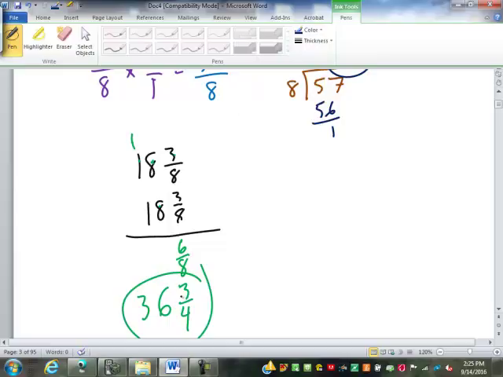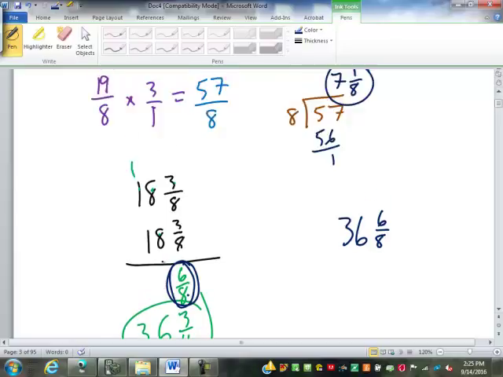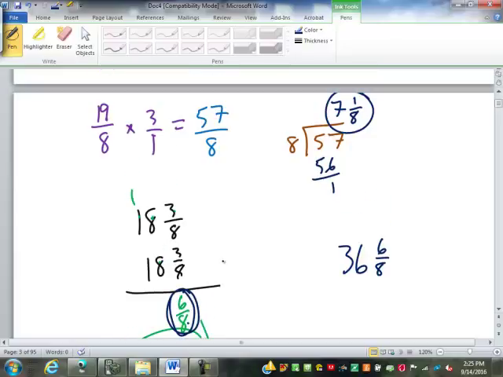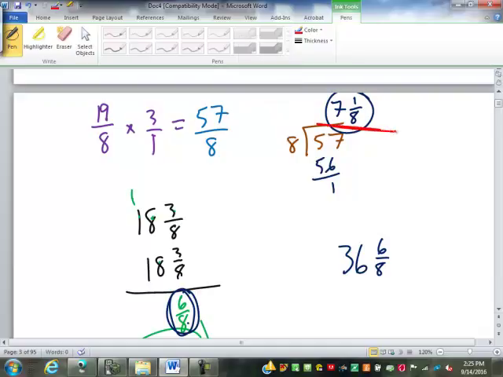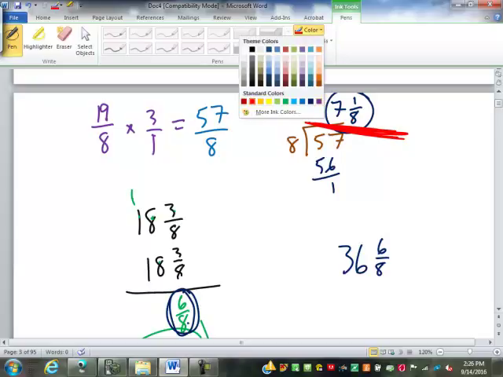Now as I look at that, I'm going to go back to that 6/8 instead of 3/4. It's the same thing. I'm just going to go back to before I reduced it. Can anybody see why I would want to do that? Because my other measurement from the 3 rails is in eighths. And when I'm going to add them, I'm going to need a common denominator.